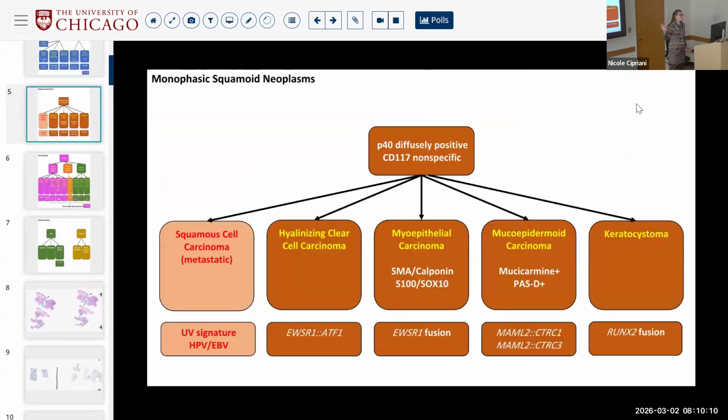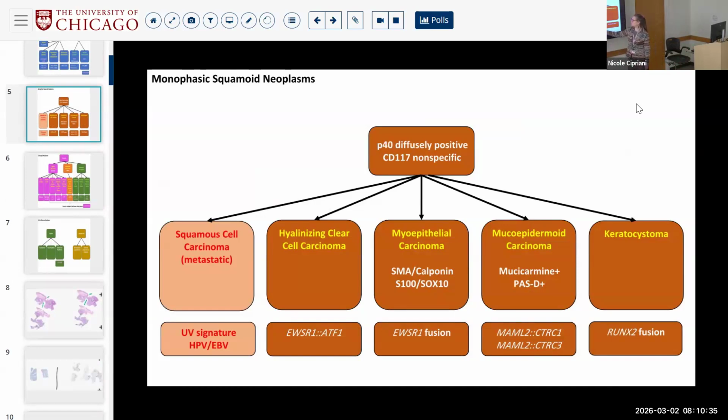And then those that are usually P40 diffusely positive, things like hyalinizing clear cell carcinoma, often myoepithelial carcinomas. These must show some other evidence of myoepithelial differentiation, whether that be the contractile markers or the neural crest S100 SOX10 markers. These other ones don't have this, so that's unique amongst these.